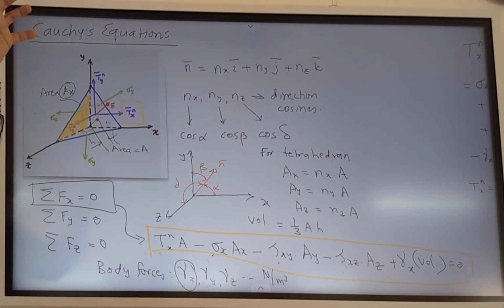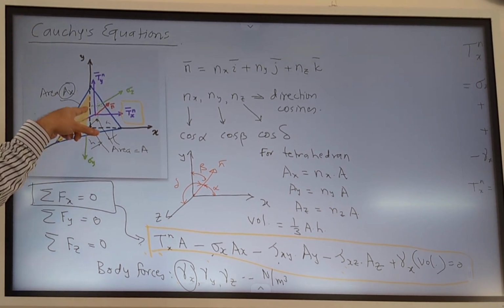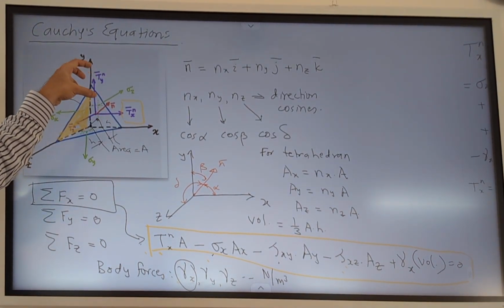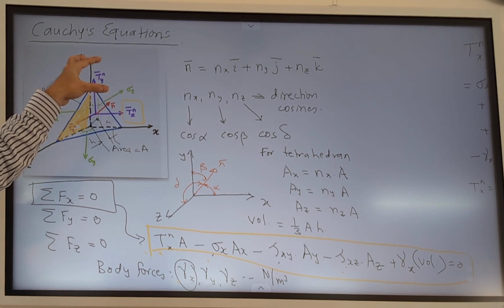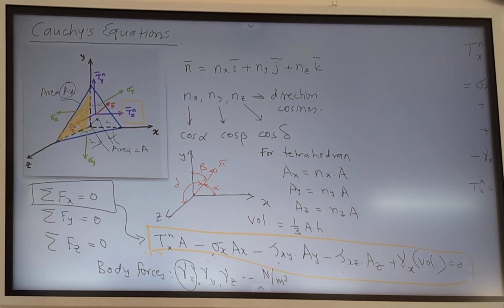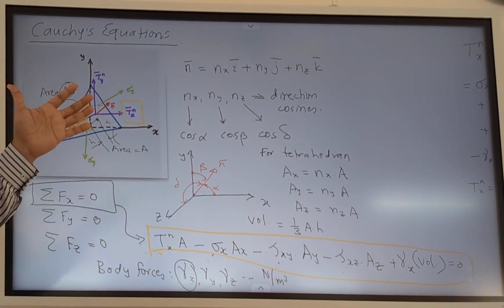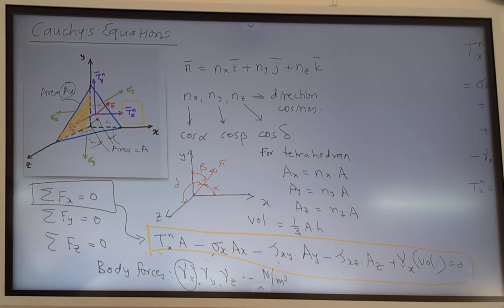In real material, when you make it infinitesimally small, within this tetrahedron there may be some gaps, so it becomes difficult to predict what will happen at that time. But for practical or engineering purposes, this assumption is fine, that even if you shrink to the smallest level, no problem, the area will keep on shrinking.